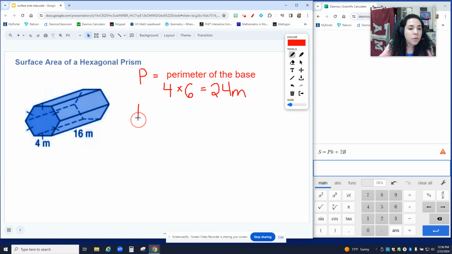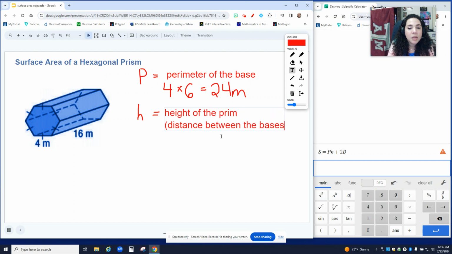The other variable that we have in our formula is the height. Now remember that this is not talking about the height of the hexagon. We want to know what is the height of the prism. And the height of the prism is the distance between the bases. So our bases are the 2 hexagons that you see there.